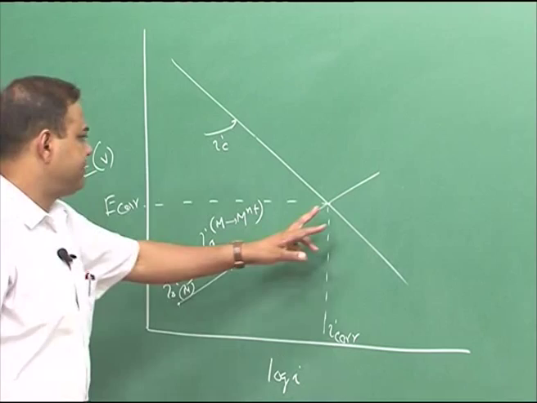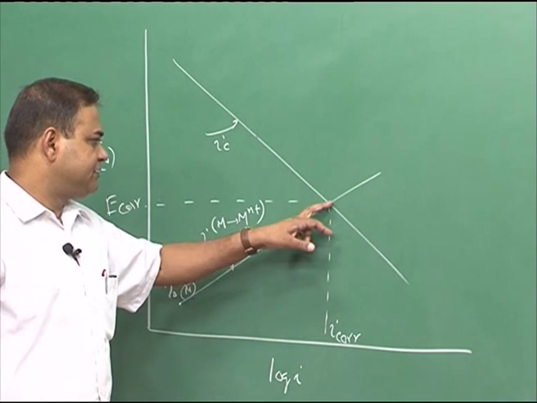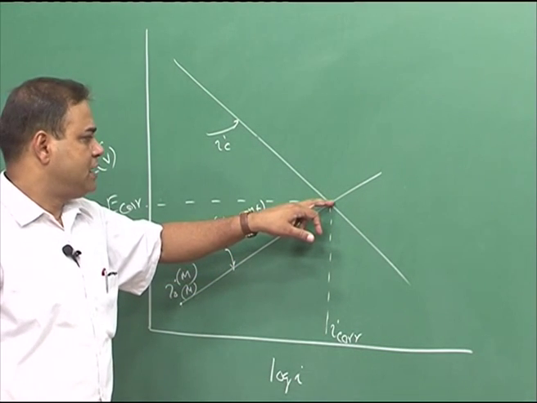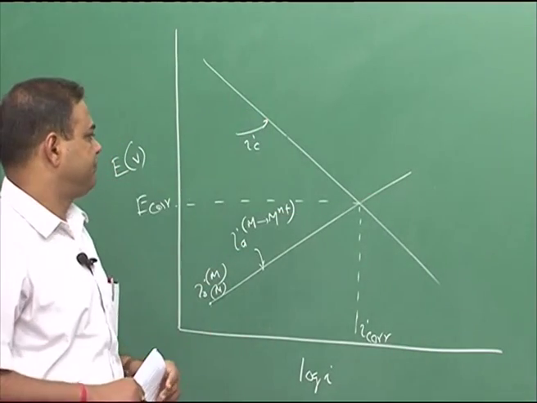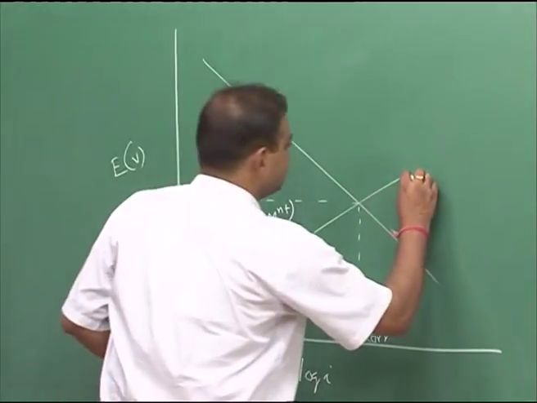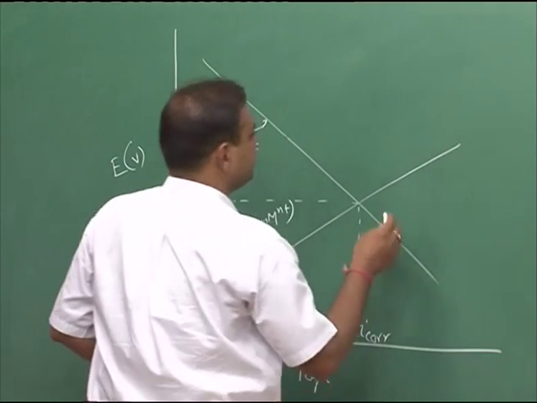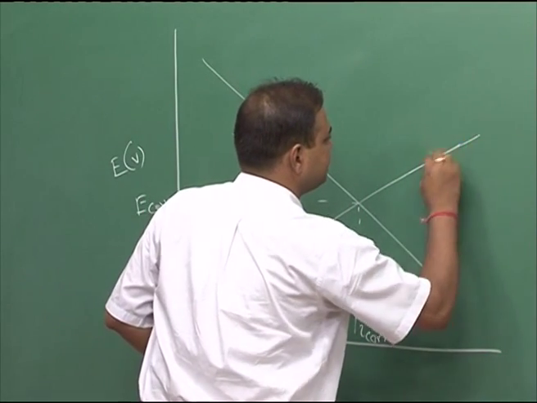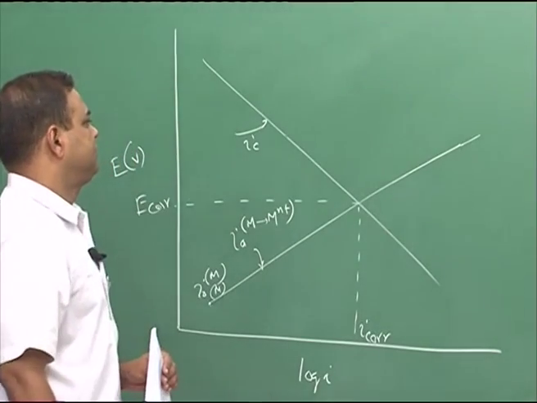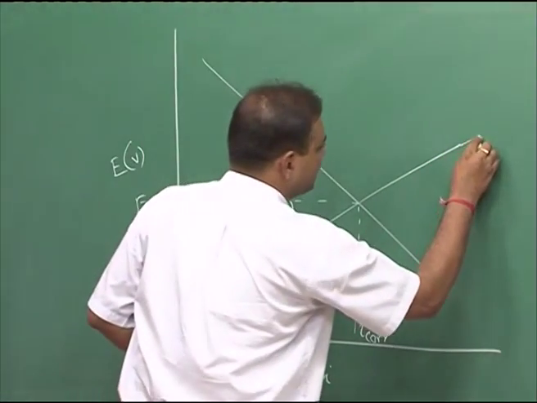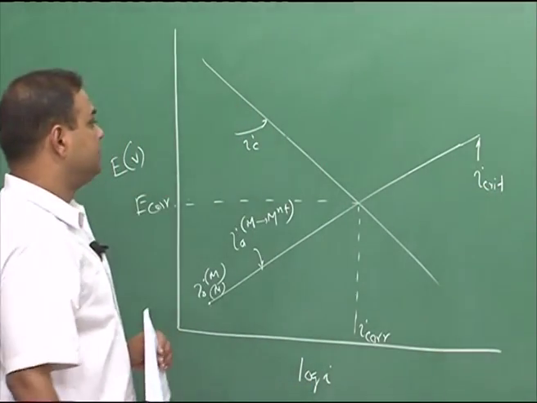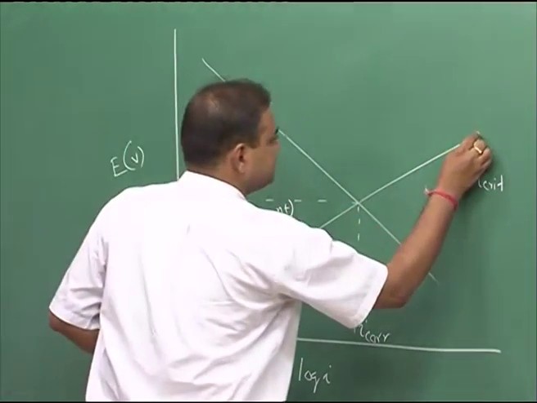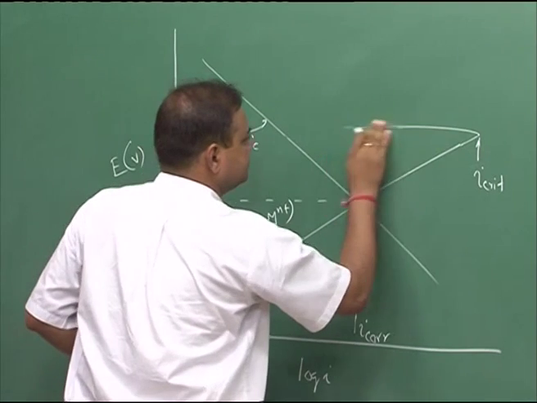Now, the potential of the metal is at this point, and we have to increase the potential of the metal towards the positive side. If this is an active passive metal, initially the current value increases, and then once it reaches I critical, it takes a reverse turn.